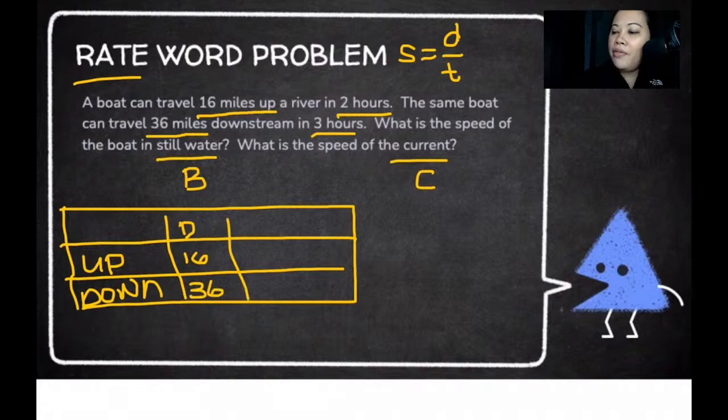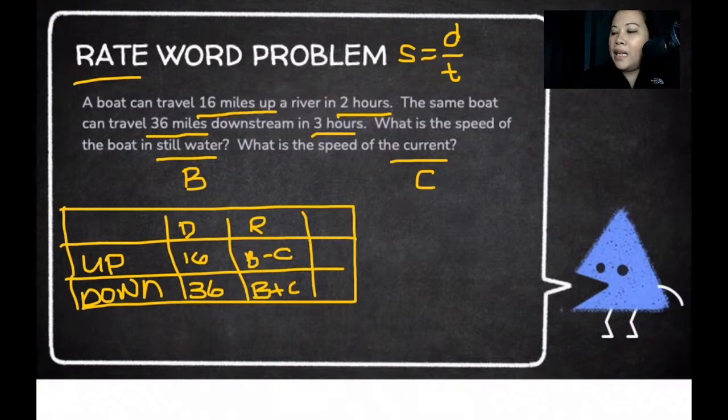And then you have the rate, the speed. If the boat goes with the current, that means it's the boat's speed plus the current, because you're going with the current. So we add it. But if you are against the current, then we have b minus c.